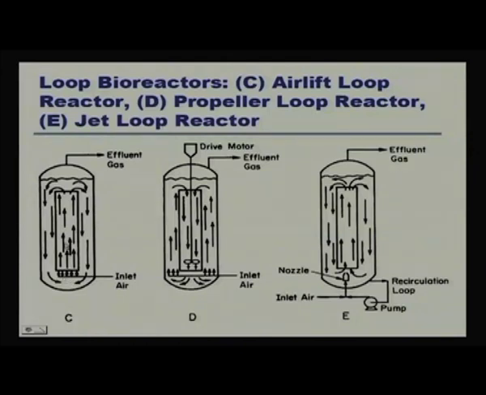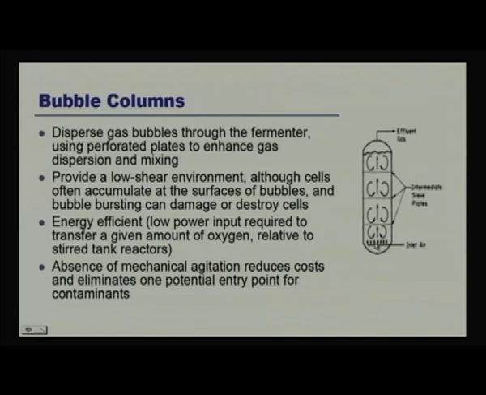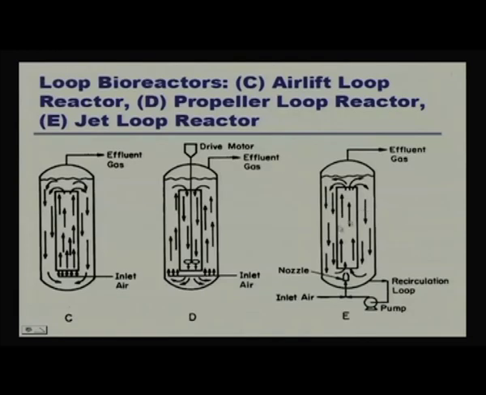There also we purge the gas, and the gas pushes the liquid, which gets mixed. The liquid comes in contact with the gas, oxygen gets dissolved, and the microorganism takes up that dissolved oxygen.